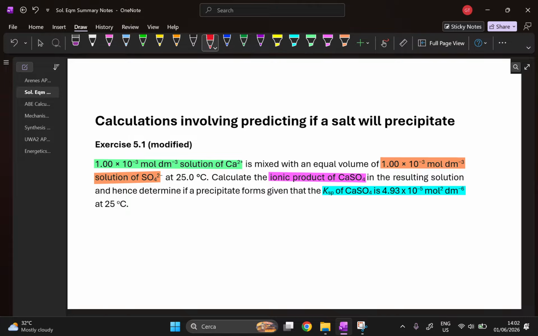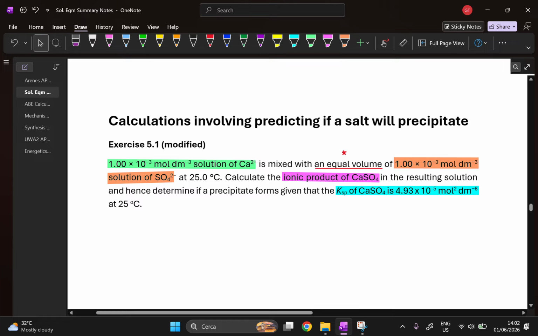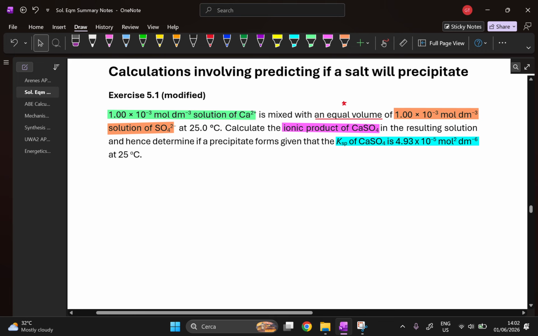I'm not sure if you spotted that trap or not, but notice these three words here. An equal volume. Because in order to calculate instantaneous concentration, I need number of moles over volume, right? But they haven't told you what volume of each of these two solutions is mixed together. They just tell you the concentration and then they say that it's an equal volume.